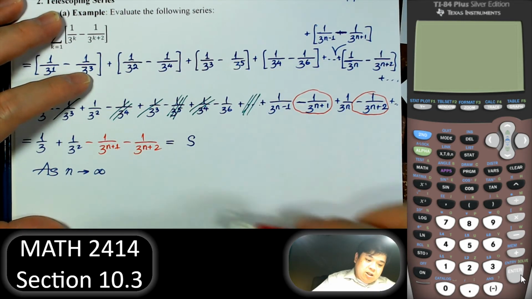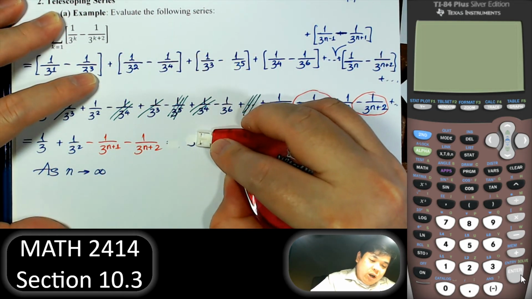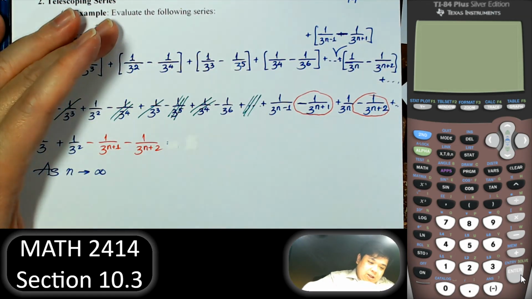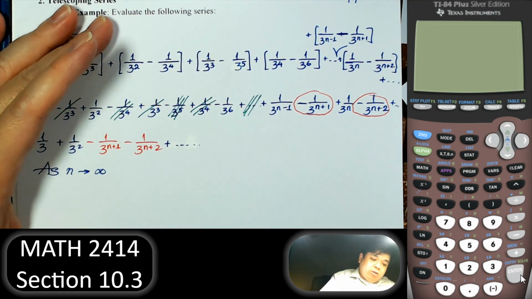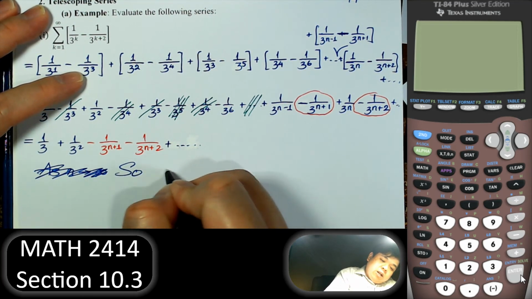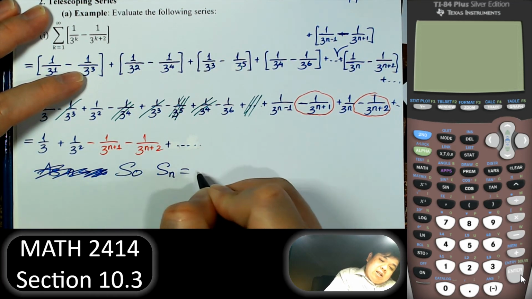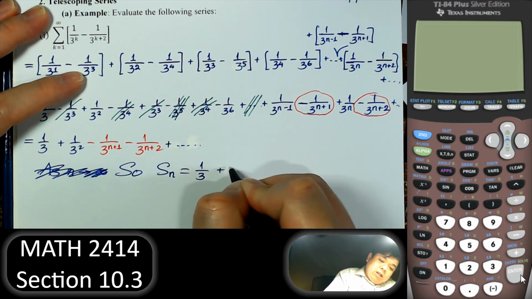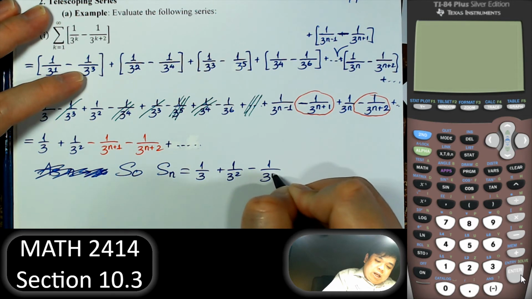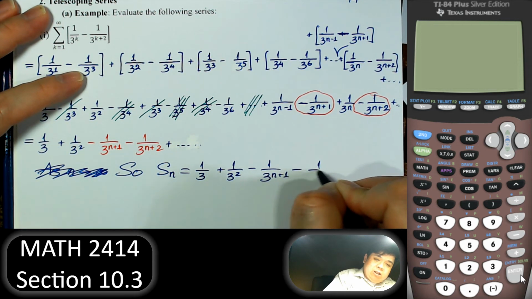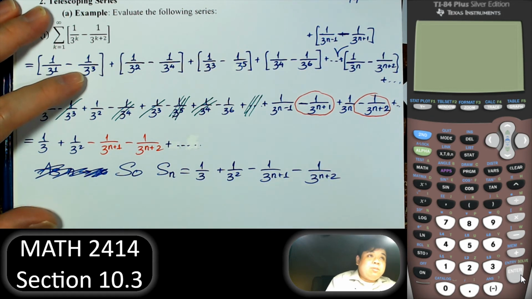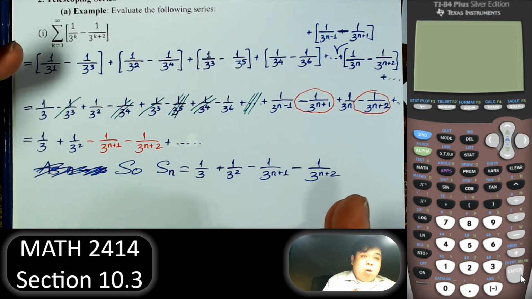I mean, that is the bad way to write it, because this one potentially keeps going. So we will say here, if we stop at n, we're going to have 1 over 3 square, 3n plus 1, n plus 2.